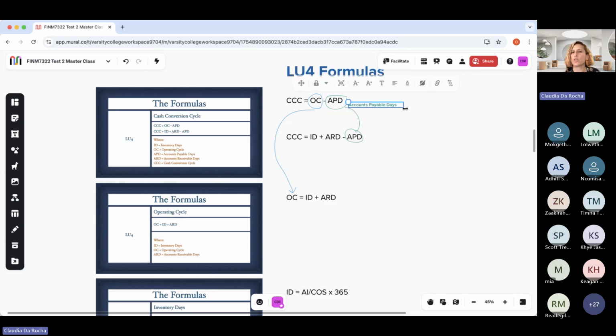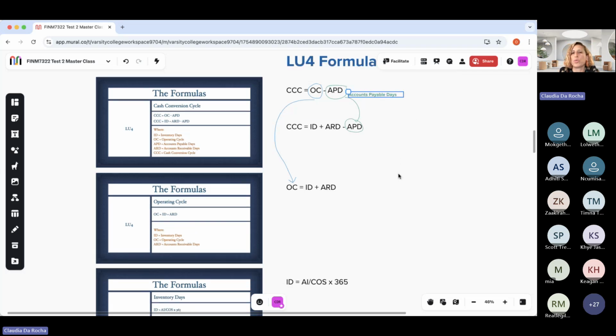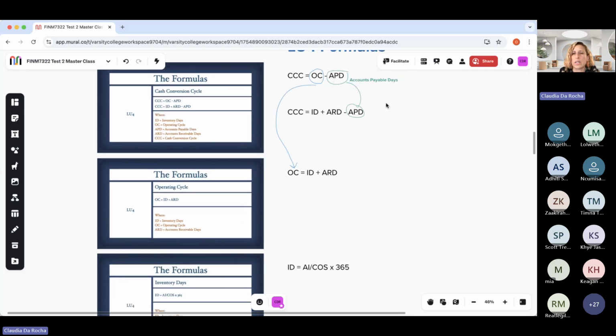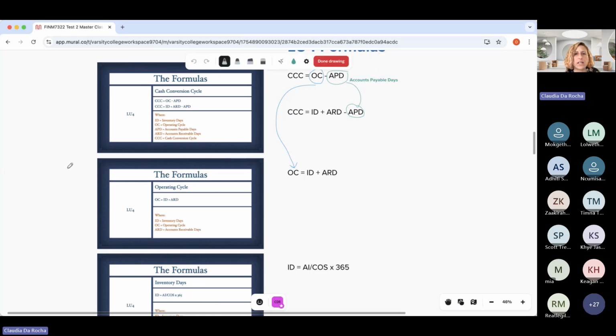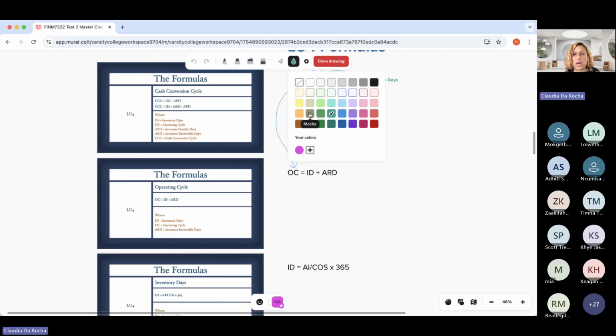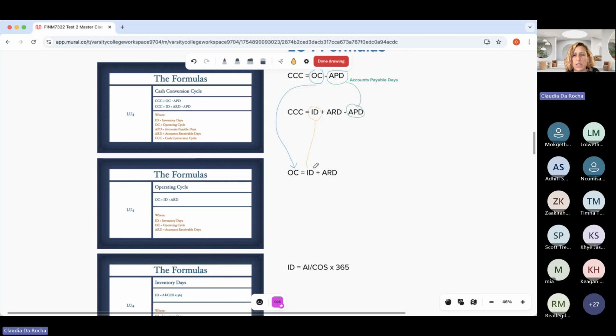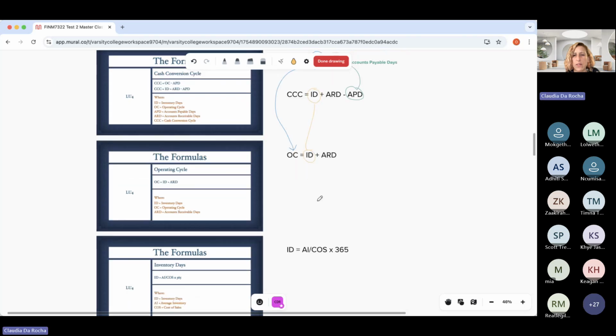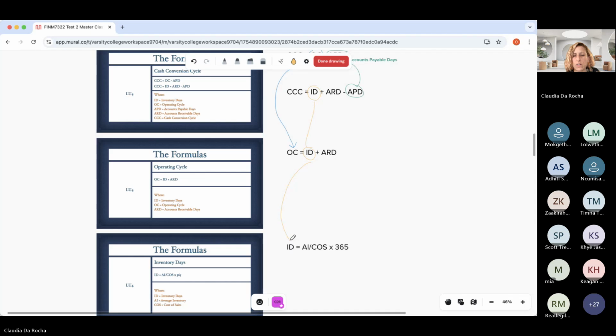Putting together into a cash conversion cycle, yes, that's new. But everything else, you should know. All right. Here we have our accounts receivable days, okay, which all interlink because I've tried to show you how these all come together. So this one comes here, and then this one comes here. Okay.